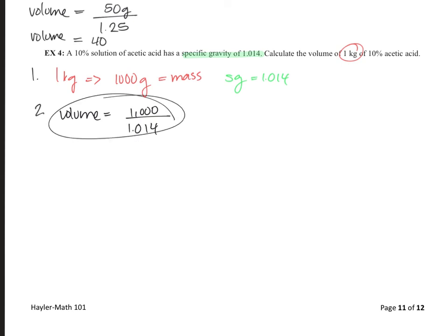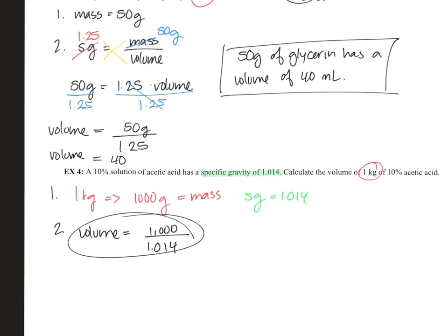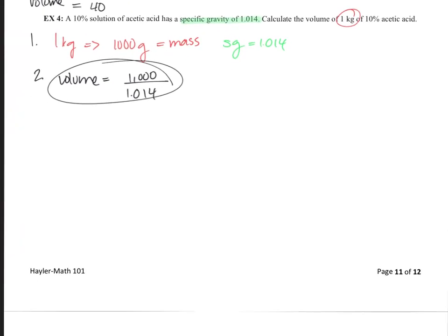So notice I just did this shortcut for volume. Instead of solving using the long formula, I solved this way to show you where they got their shortcut from. So we're working with just the shortcut here of volume equals mass divided by specific gravity.